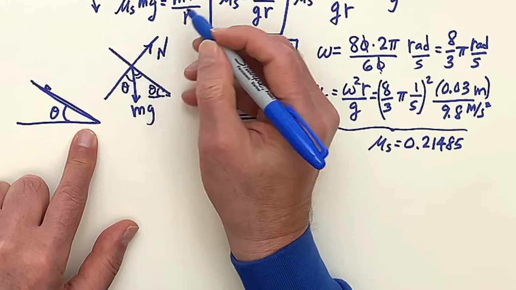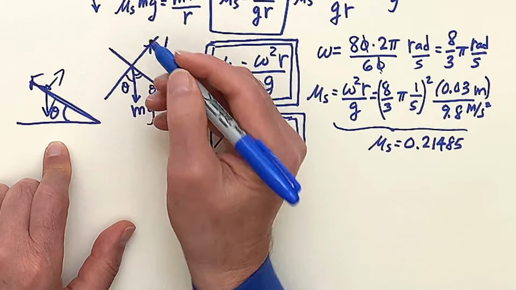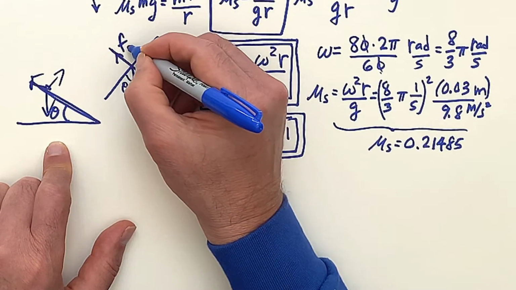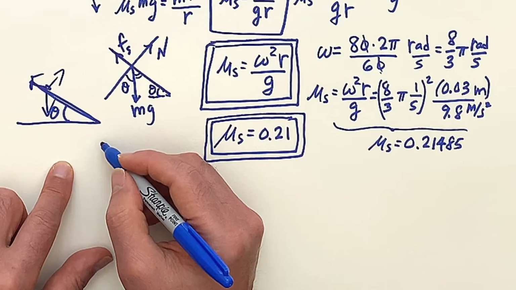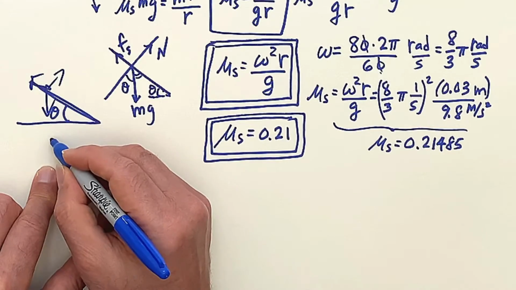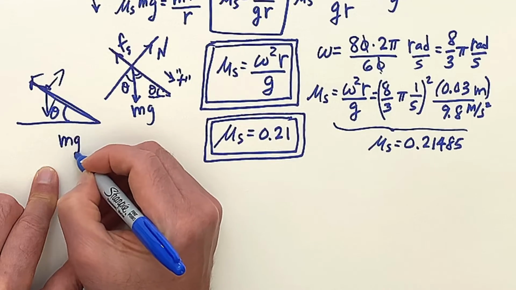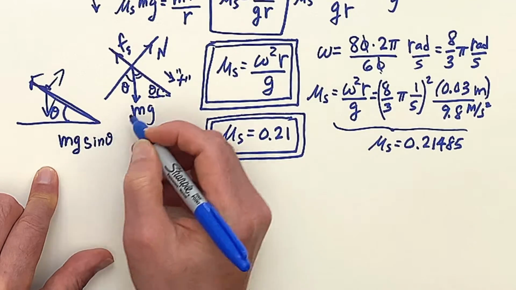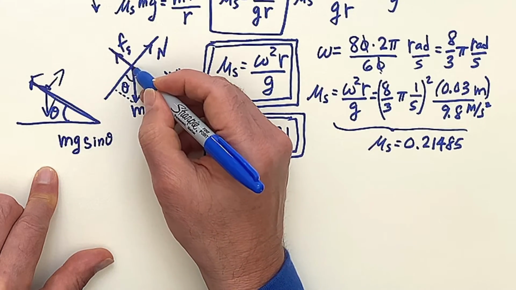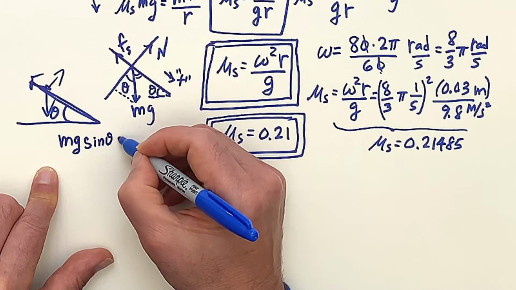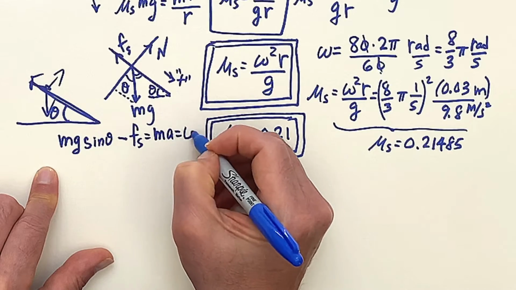Then I have a normal force. I have the gravity, I have the normal force, and then I have the static friction, that's going to be at its maximum right when it starts to slide. So if I sum the forces down the incline, I'm going to make this the positive. So I have mg sine of theta, minus Fs is mass times acceleration, which is 0.